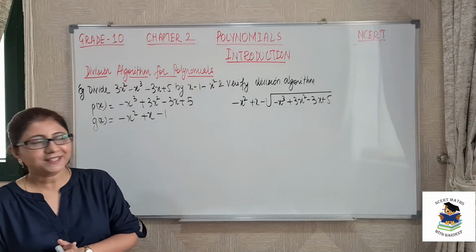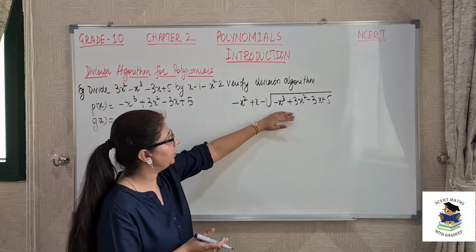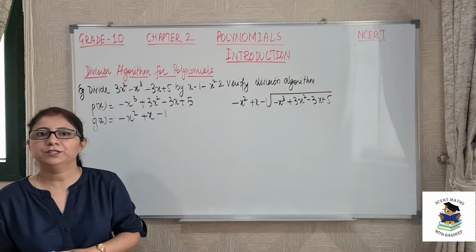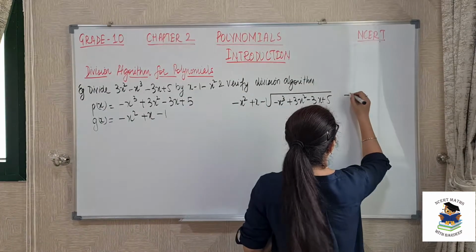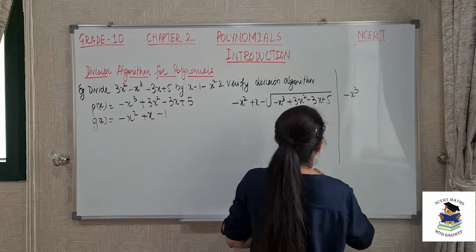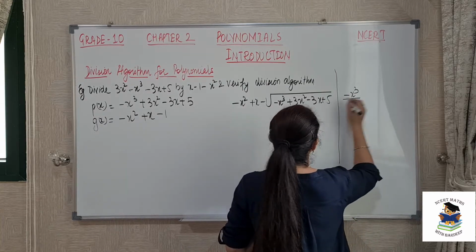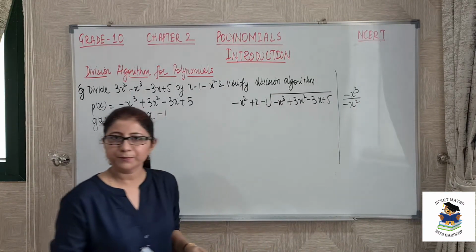So what should be our next step? Always divide the highest power term of your dividend with the highest power term of your divisor. So here it is minus x cube. Let this be in the rough area. So minus x cube should be divided with minus x square.